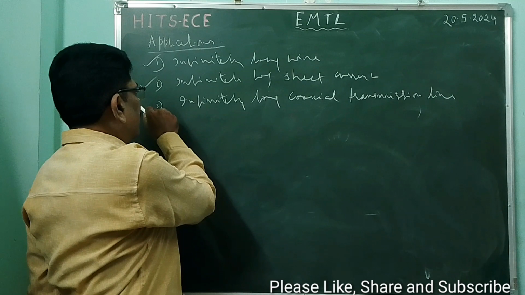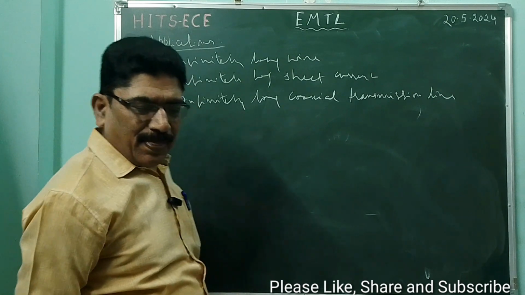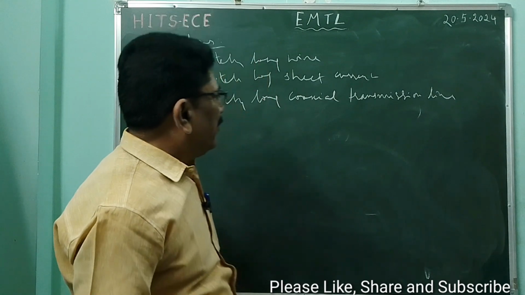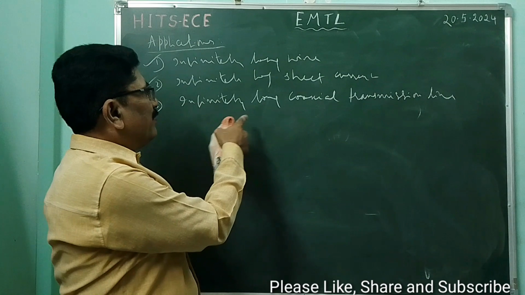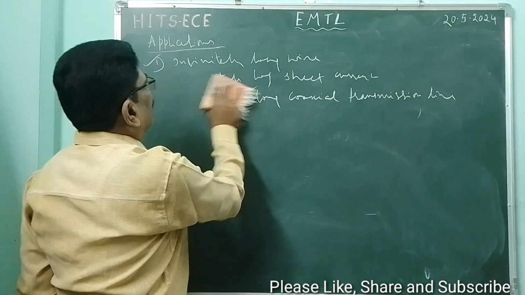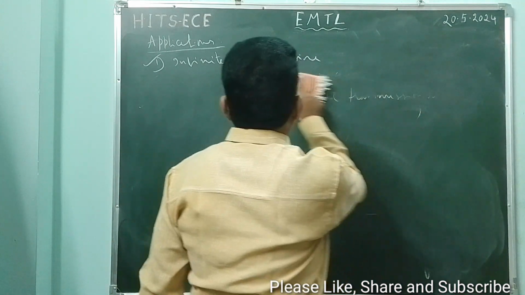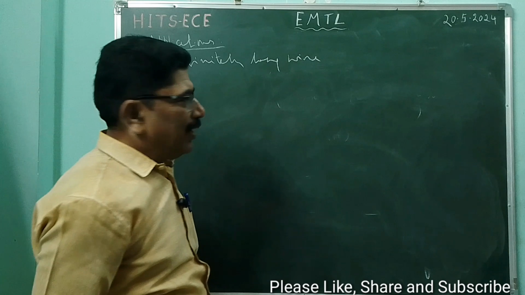In the next session, I will clearly discuss the infinitely long coaxial transmission line, the magnetic field intensity due to flow of current in it. Now I will discuss this. We'll see about the infinitely long wire.